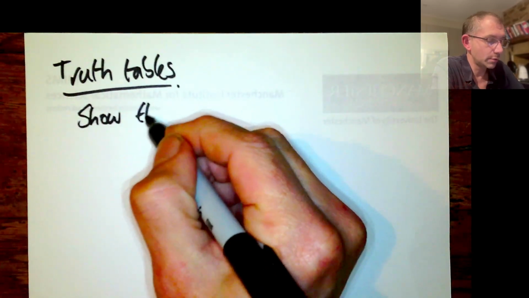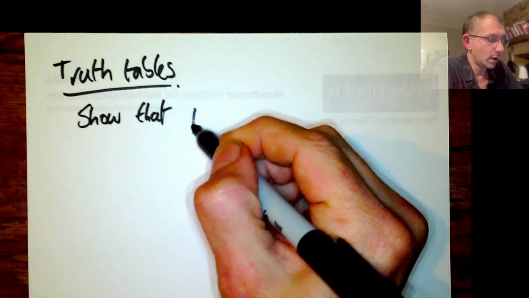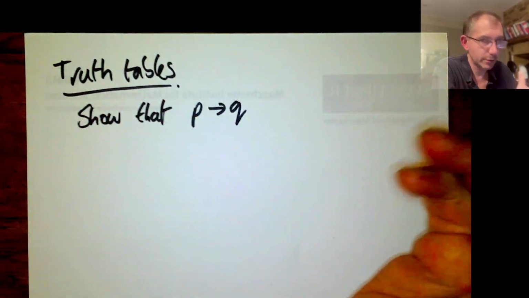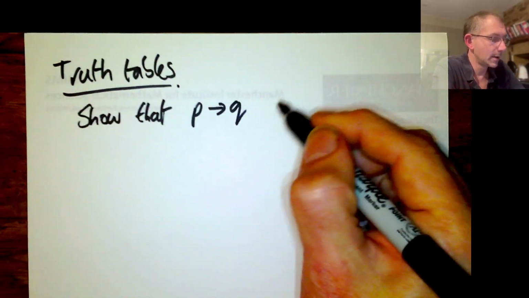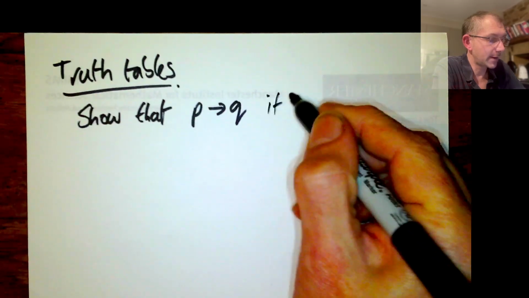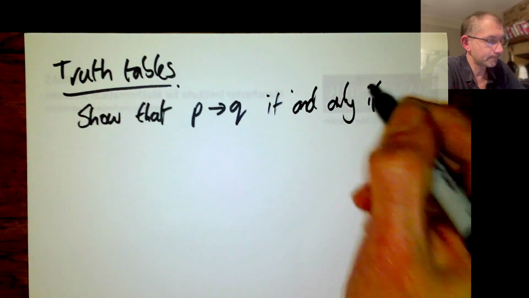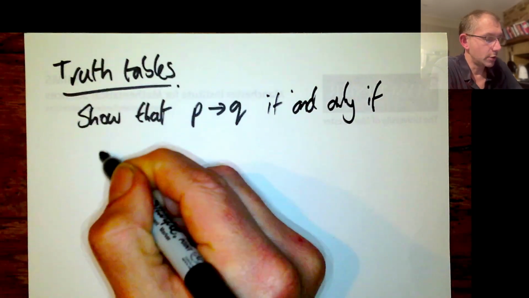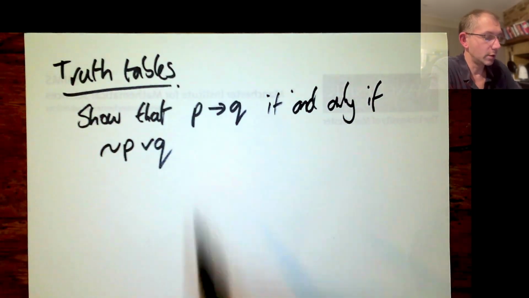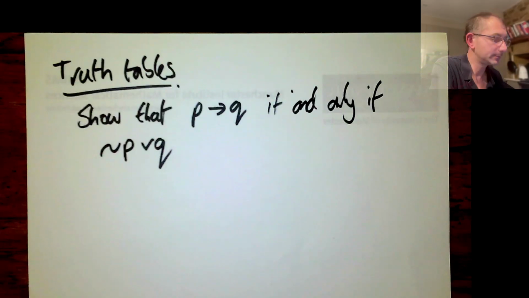Show that P implies Q. Well, we've got the truth table for that. Is true if and only if not P or Q. Okay.